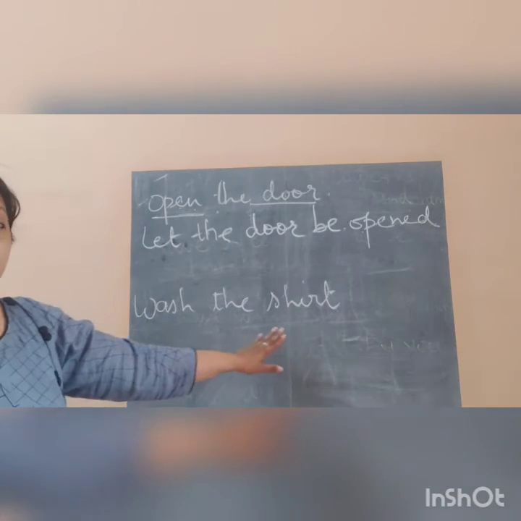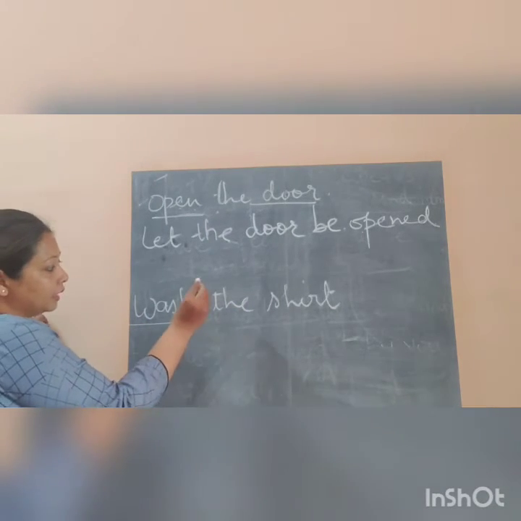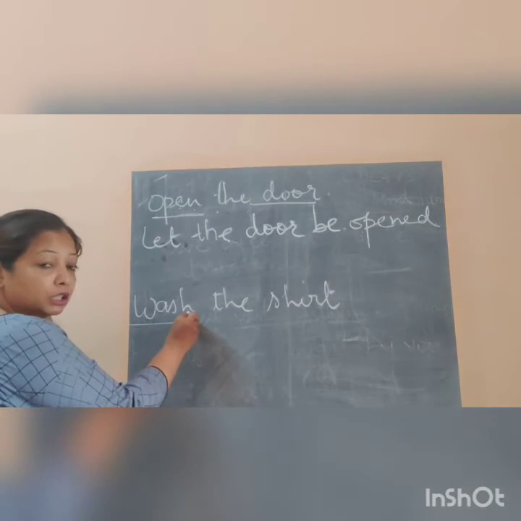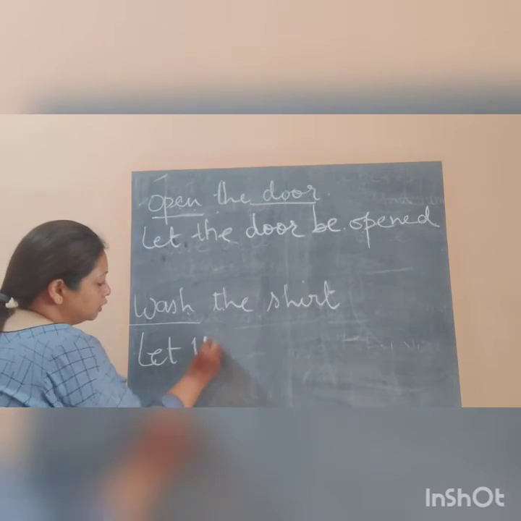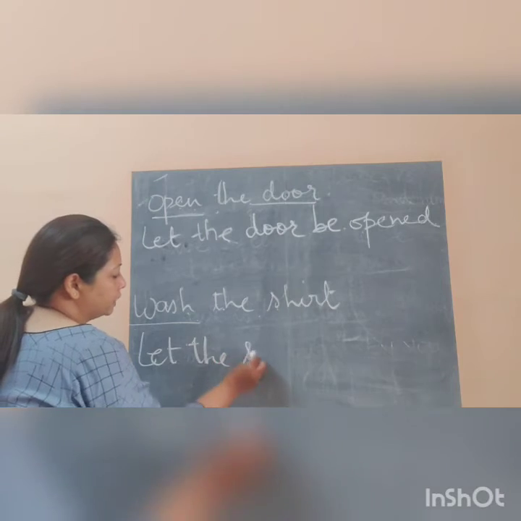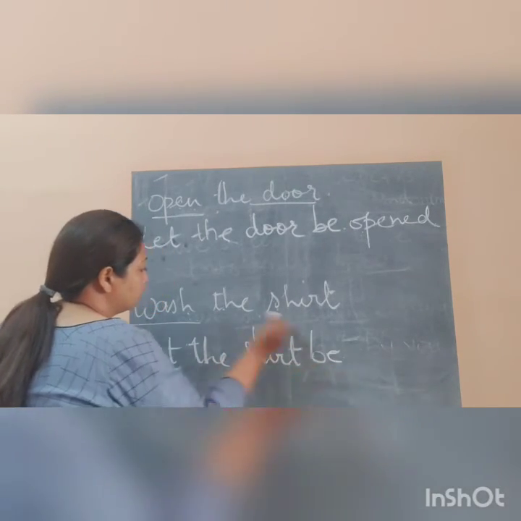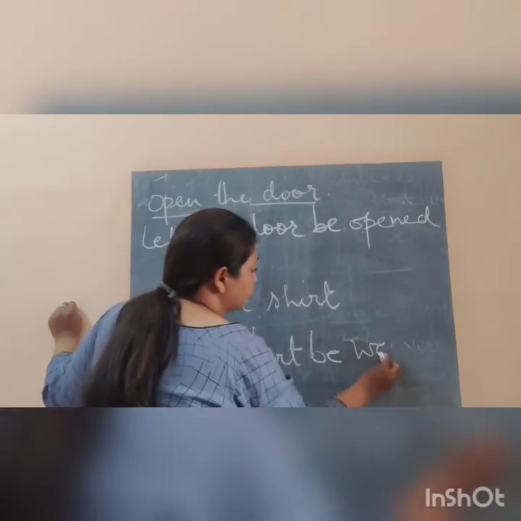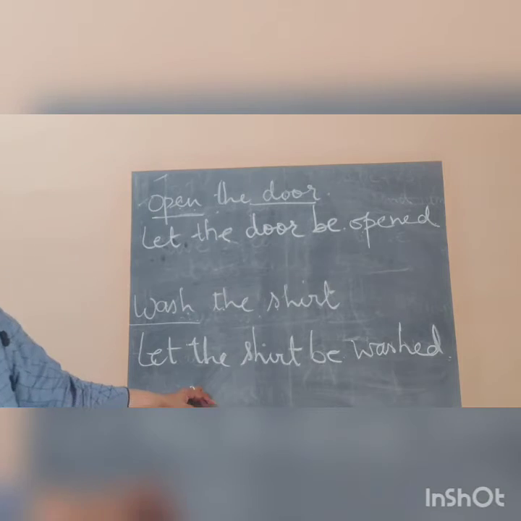Now see, wash the shirt. Now wash is the verb here and it will be changed to its third form, right? So we will write let the shirt copied as it is, be, wash will become the third form, washed. So this is how we will be changing.